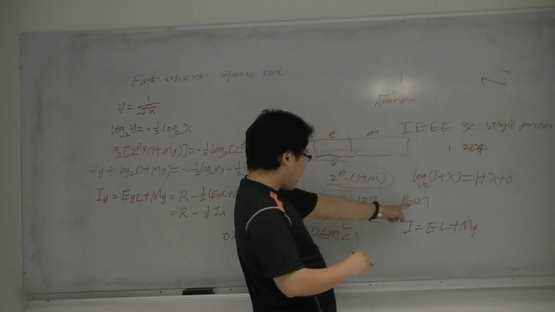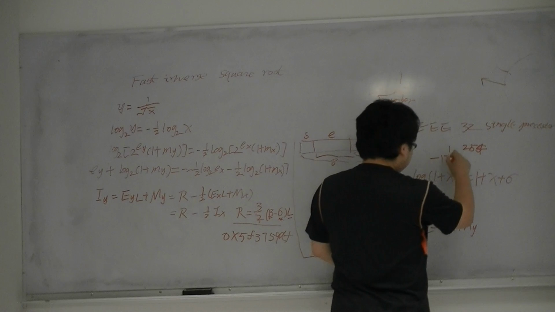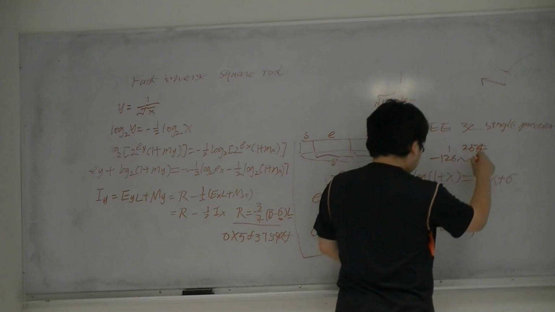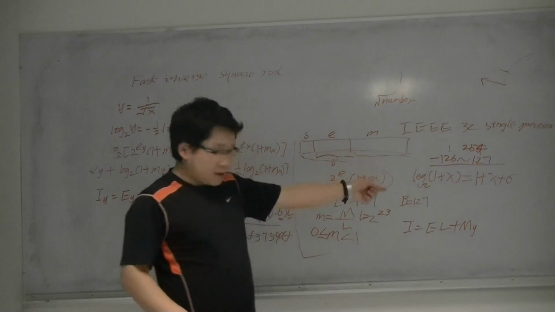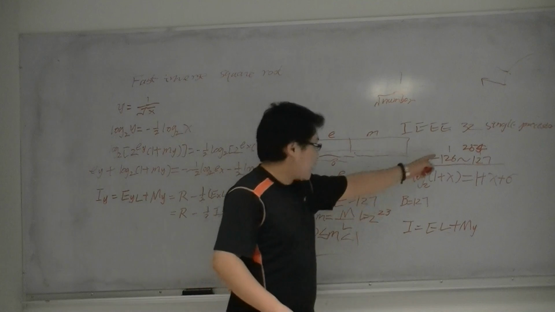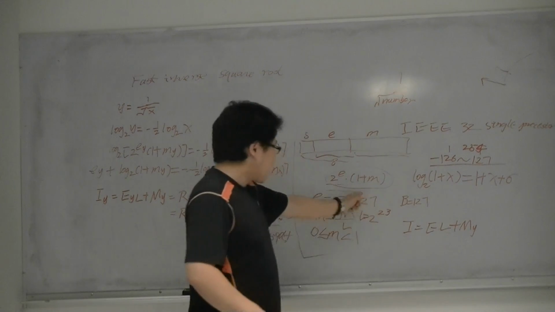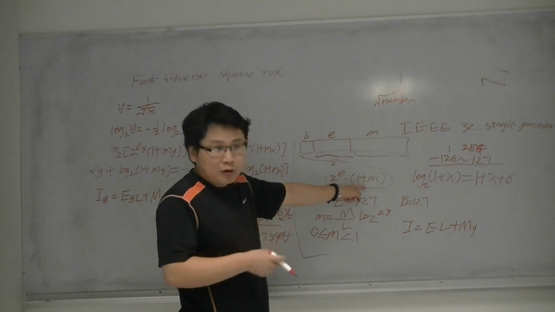By subtracting this constant b, it will get this value. So it can only express numbers in this range. One thing is that this cannot express zero, because this can never be zero.